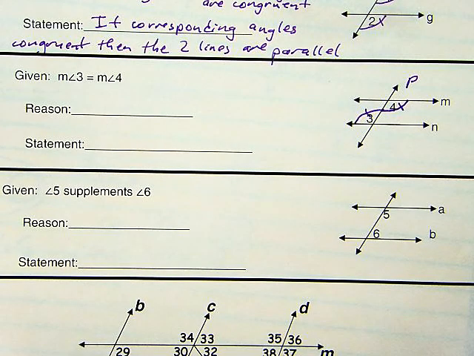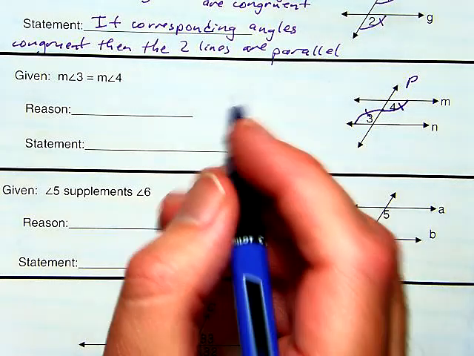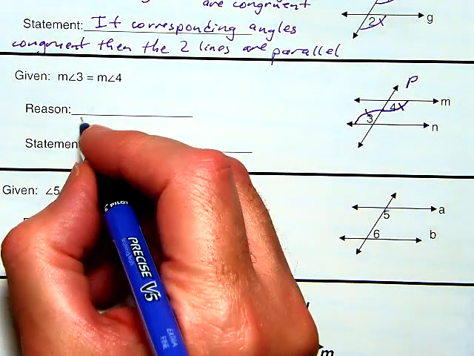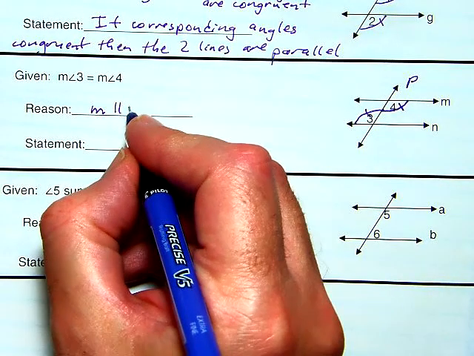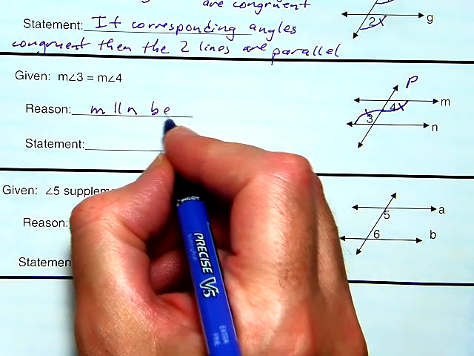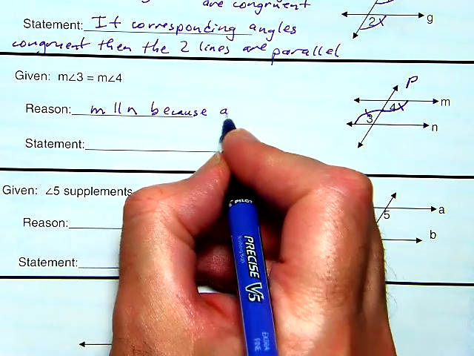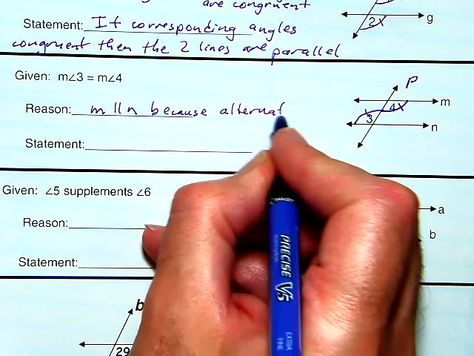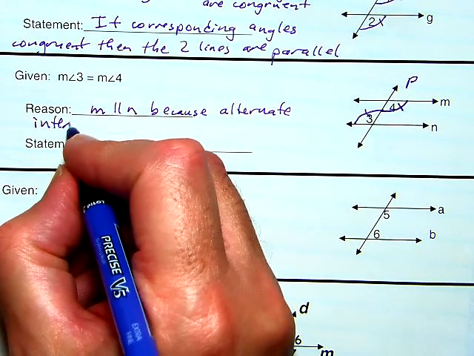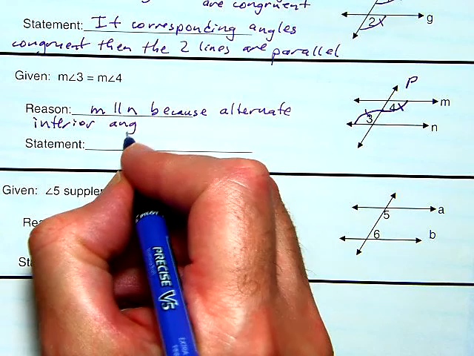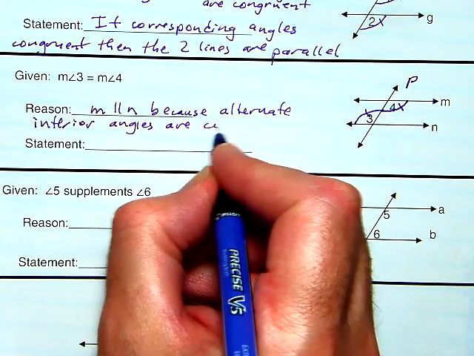So we can conclude that M is parallel to N because alternate interior angles are congruent.